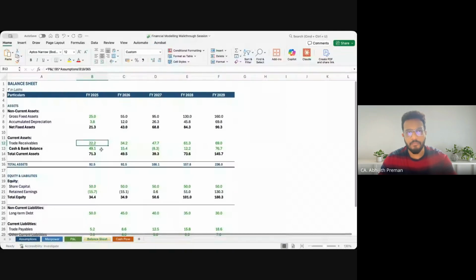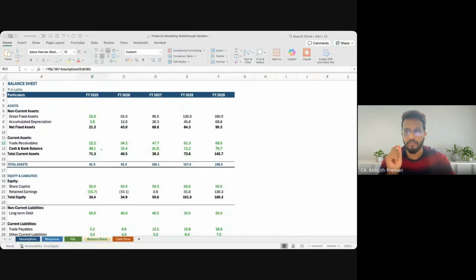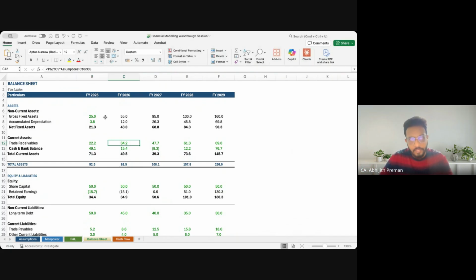So if you are doing 1.8 crores of revenue and giving a 45 days credit period to your customer, 22.2 lakhs of your invoices would be outstanding at the end of the financial year. Similarly, every year is linked to the next cell in the assumption sheet and the P&L sheet.